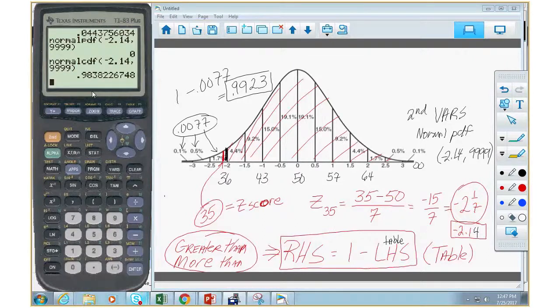Now, does my common sense answer match this one? Yes, it does. I think you got the decimals. 0.9838, 0.9923. It would have been like almost 2%, wouldn't it? Well, what is 0.001 plus 0.005 plus 0.017? 0.0017.